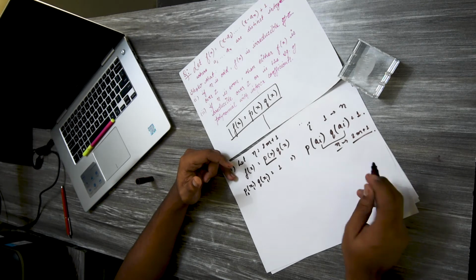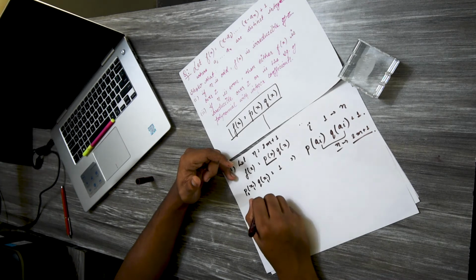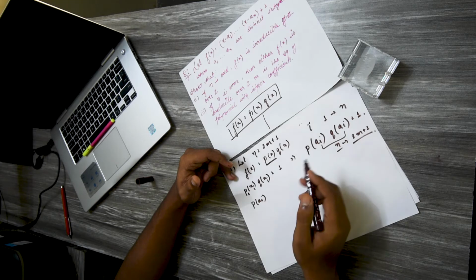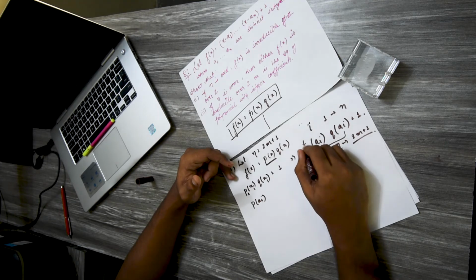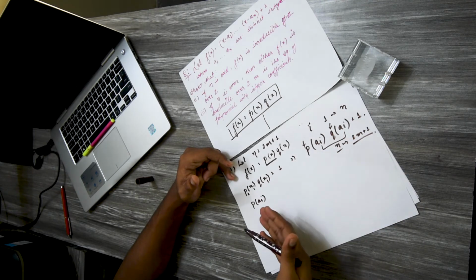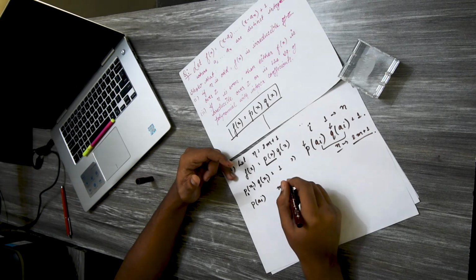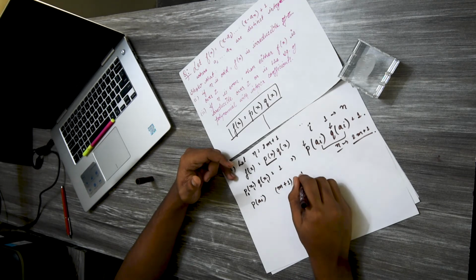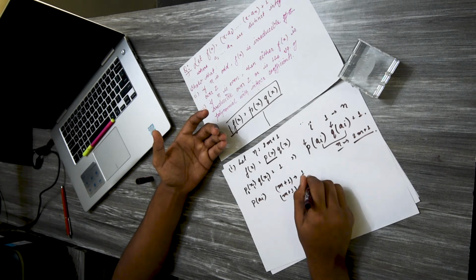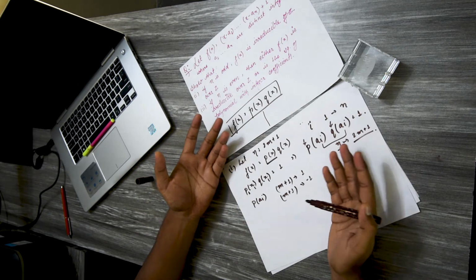That means p(a_i)... and one more thing, p and q have integer coefficients, remember. So p(a_i) should have at least m plus 1 roots that are either 1 or minus 1. You see, because it has to yield a value of 1 and it has only integer coefficients.